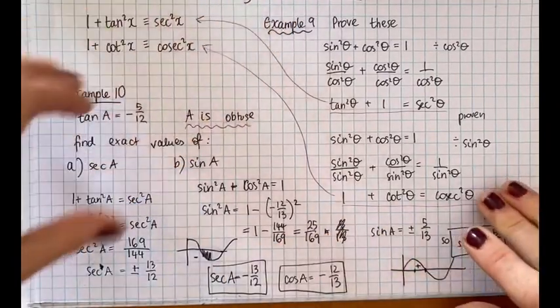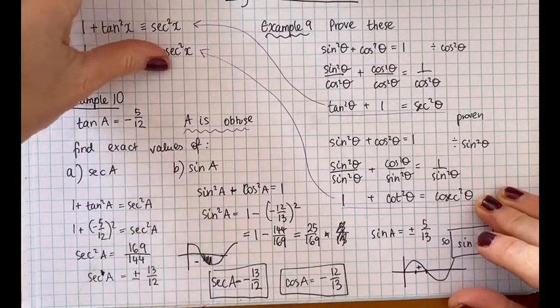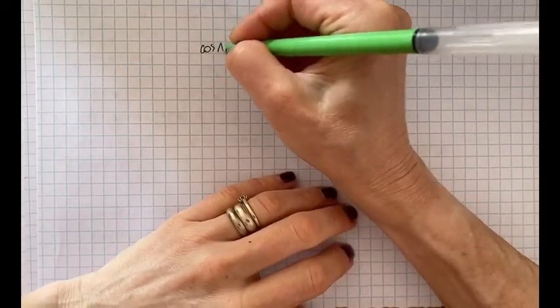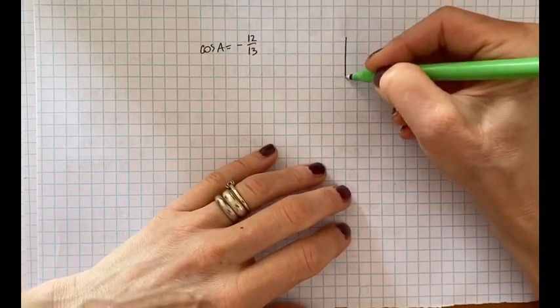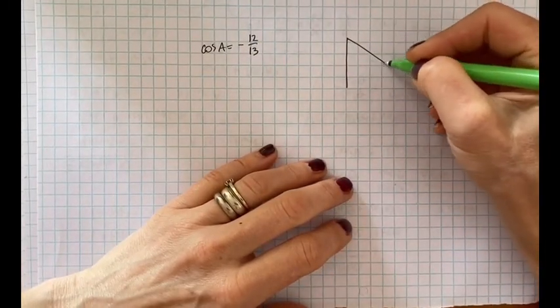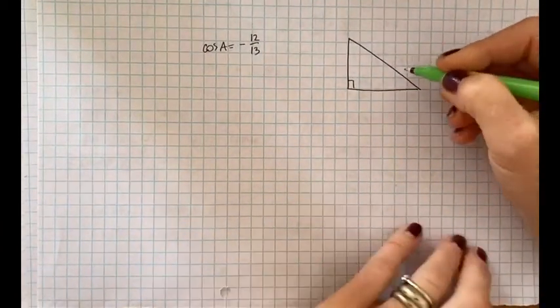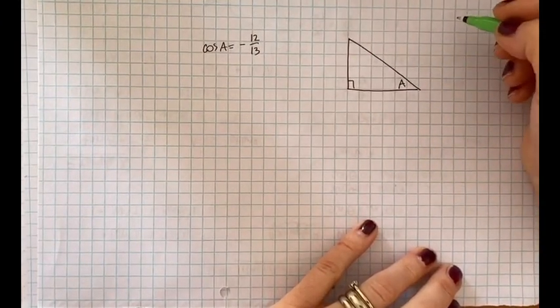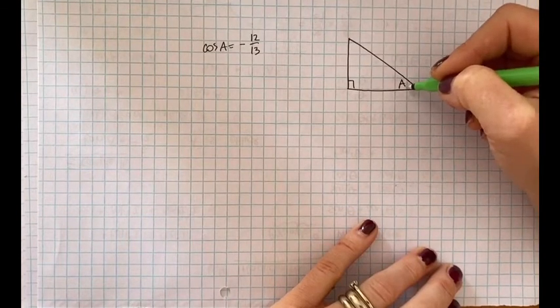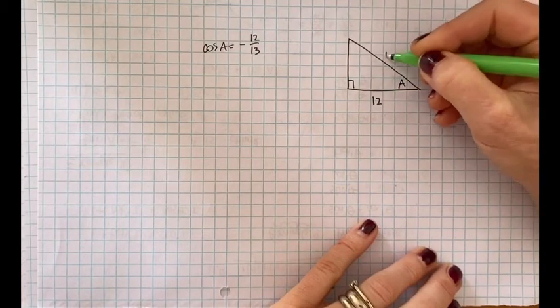Okay, I'm just going to quickly remind you of a different way of finding the value of sine when you know that cos is equal to minus 12 over 13. If cos is minus 12 over 13, what you're doing is just finding the equivalent for sine if cos is an acute angle. So it's equal to 12 over 13. So you are going to assign the sides of this right angle triangle. You're imagining this is your A. Opposite is over here, adjacent will be 12 and hypotenuse is 13.